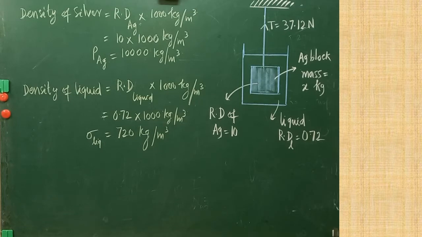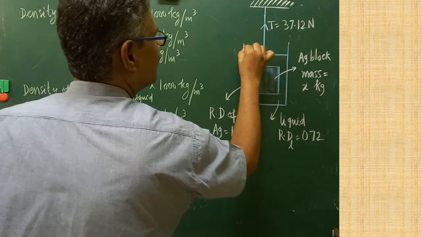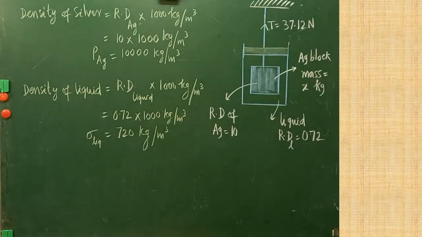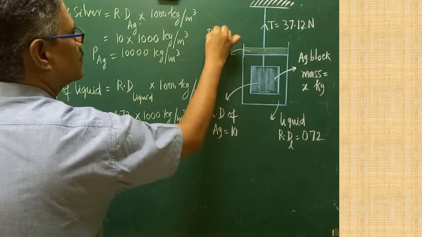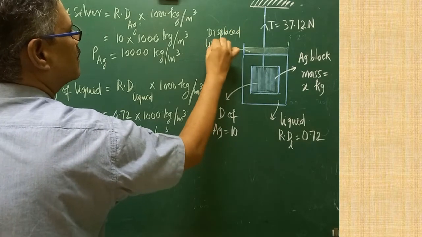Whenever the silver is immersed within the liquid, some amount of liquid will be displaced. So imagine that some amount of liquid is displaced here. We can call it displaced liquid. Can you understand? Displaced liquid.